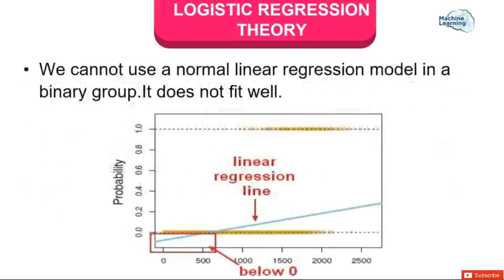It doesn't fit well. For example, if we look at the graph below, we have a y-axis that represents the probability of belonging to a particular group. Let's imagine this example, trying to predict the probability of repaying a loan.